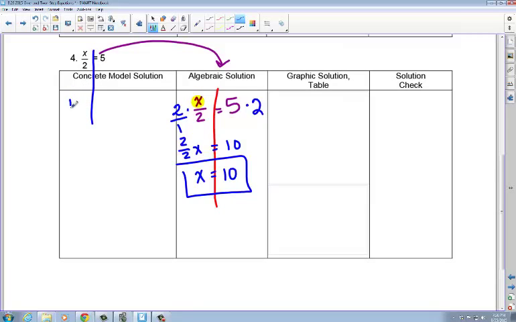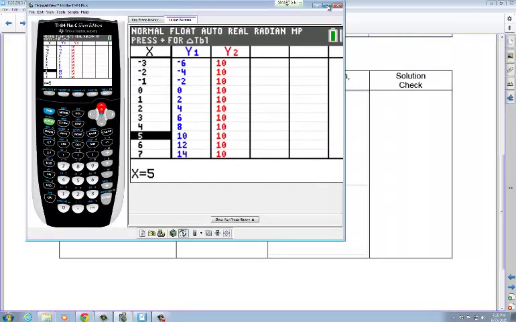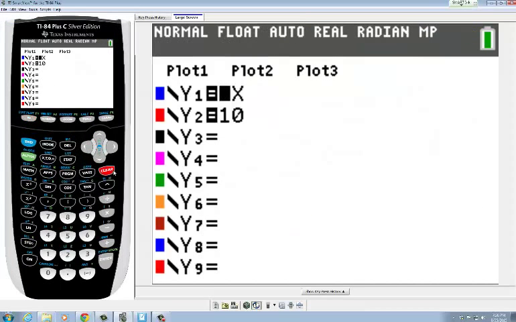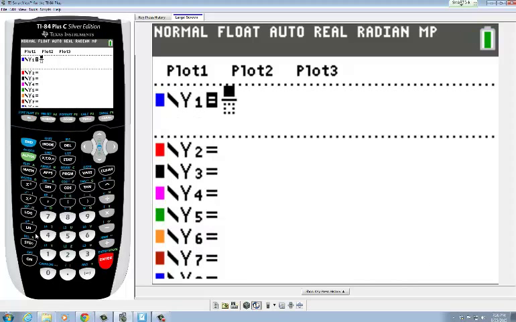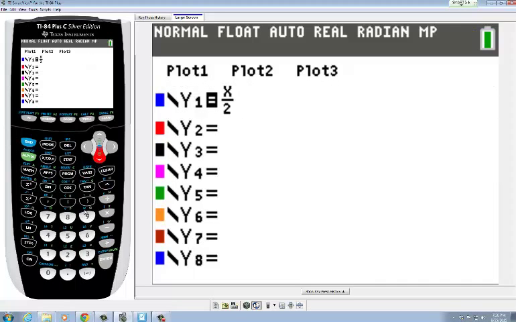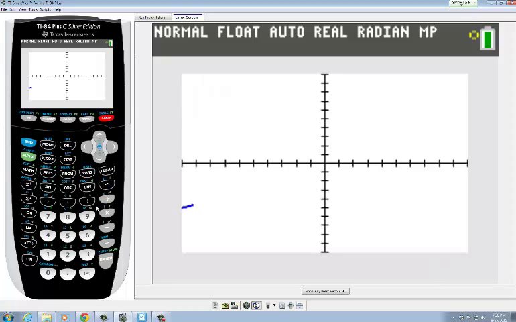Remember that the left side is y1 and the right side is y2 when we put it into our calculator. y1, to input a fraction, I'm going to push alpha y equals, and on top in the numerator will be an x, and in the denominator will be a 2. y2 is simply 5, and now I can just graph it.